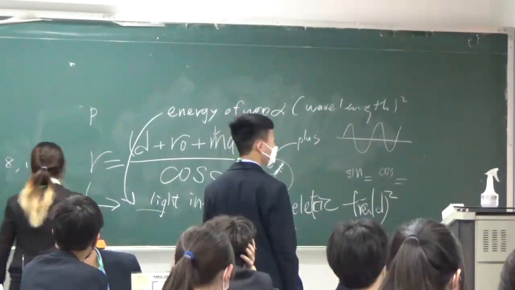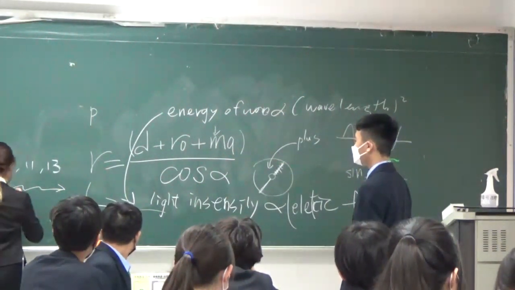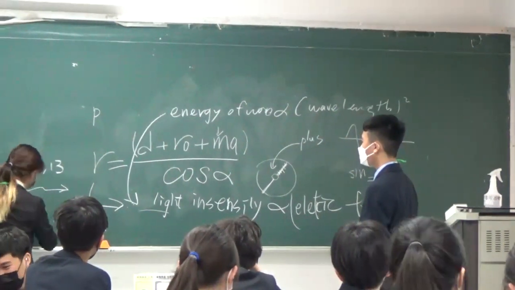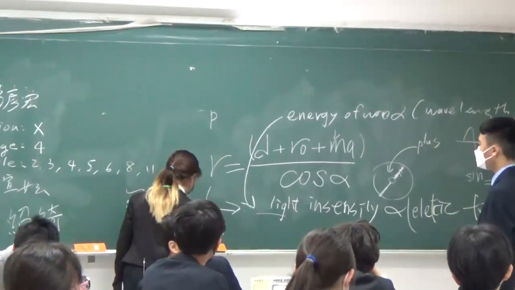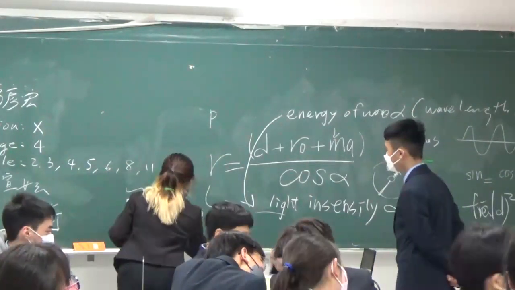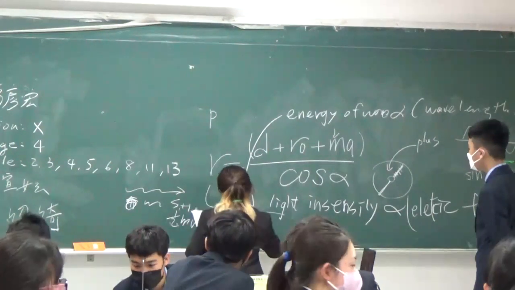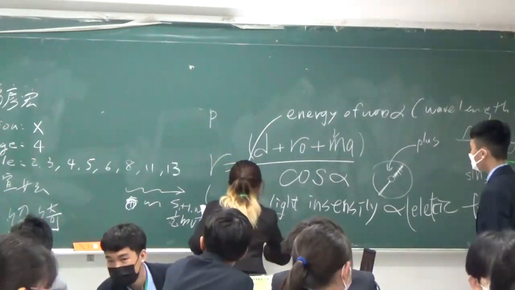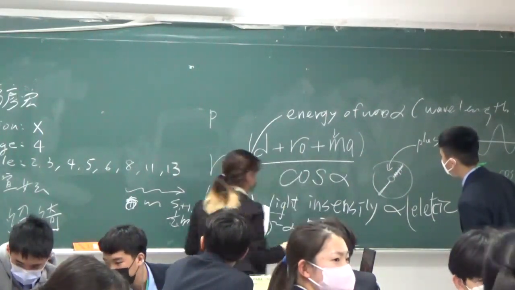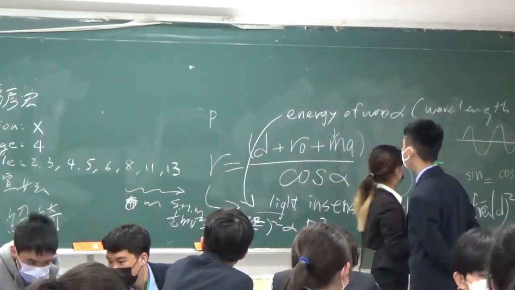As the light is in the air, the medium may move, it's similar with SHM. Okay, I know what you mean. So the energy of wave is proportional to wavelength, do you agree?